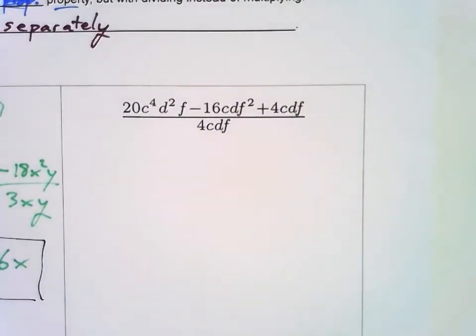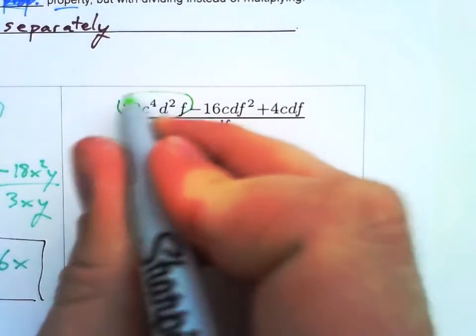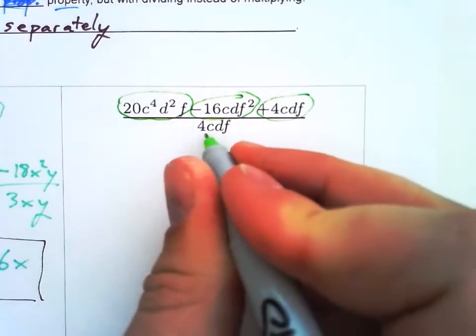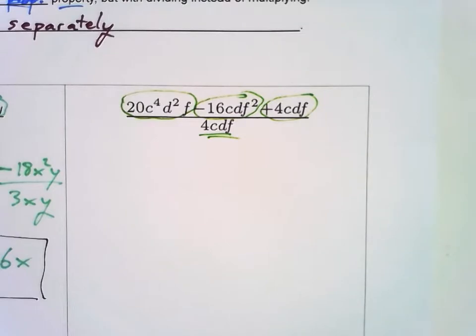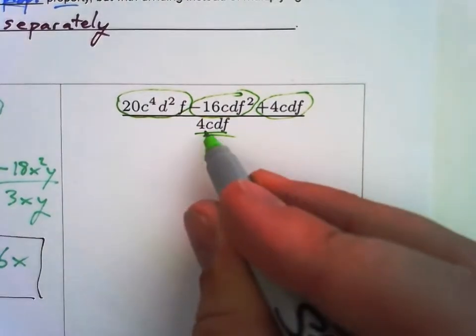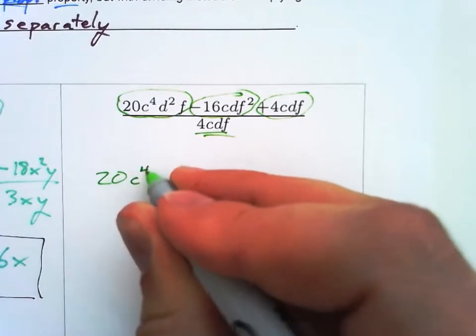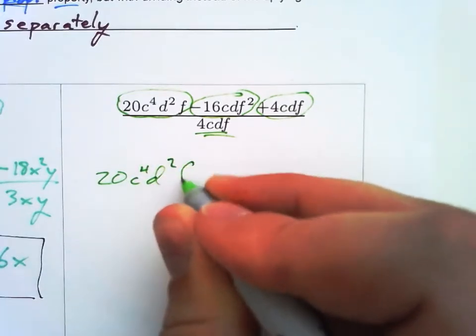Okay, this one now. I'm going to do the same deal. I'll go a little bit faster this time. So first term, second term, third term. Each of those we're going to divide by that monomial right there, 4CDF. So I'll just write this all down real quick.